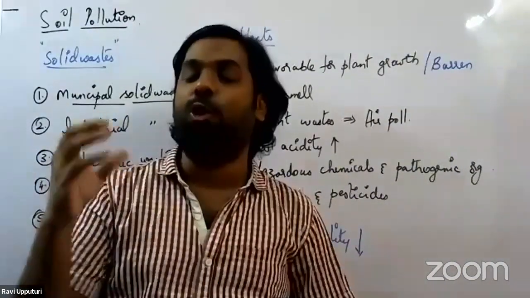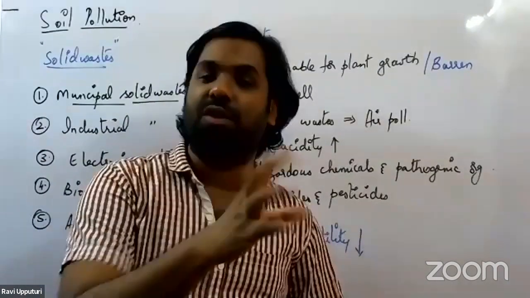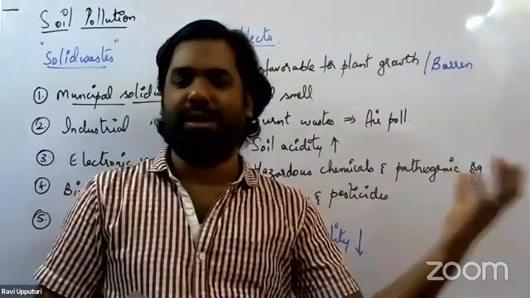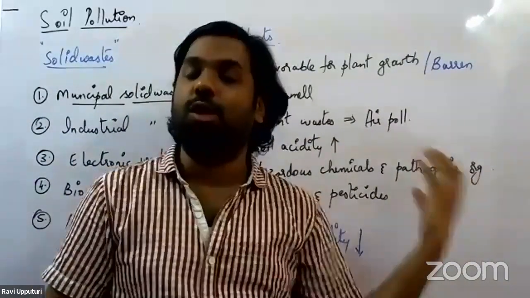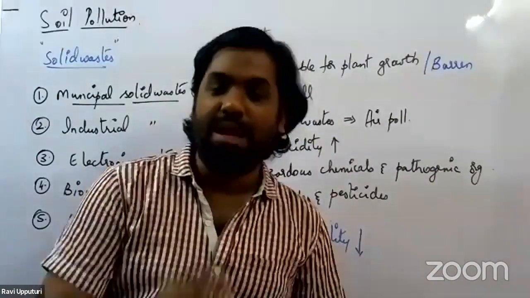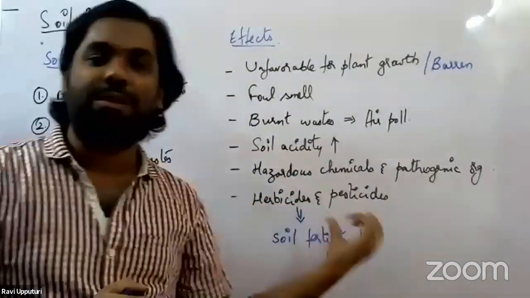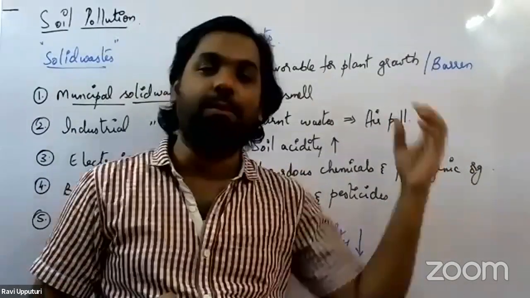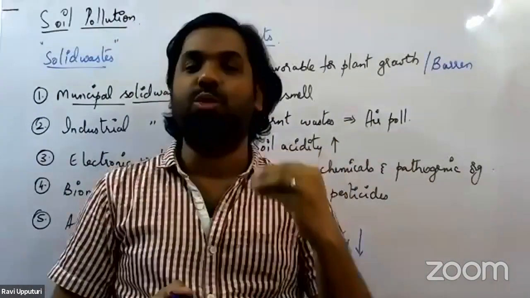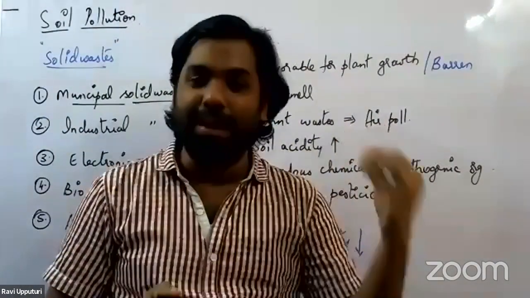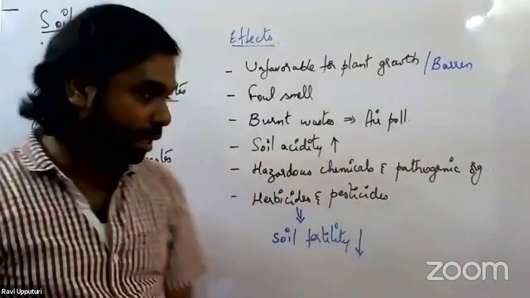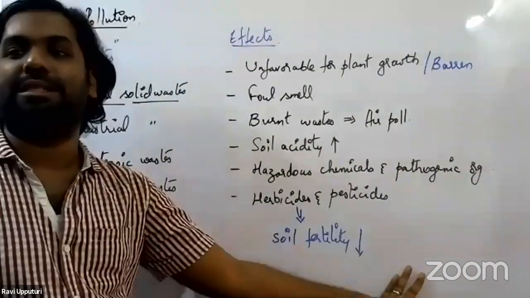The bacteria will no longer be able to fix atmospheric nitrogen. You know, the major role of bacteria in the soil is to fix nitrogen. Second, once these herbicides and pesticides start acting on the earthworms, they will no longer be able to make the soil fertile. As a result of which, the soil fertility also will start decreasing.